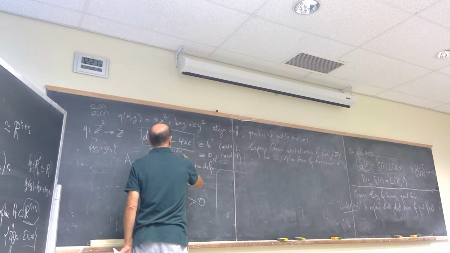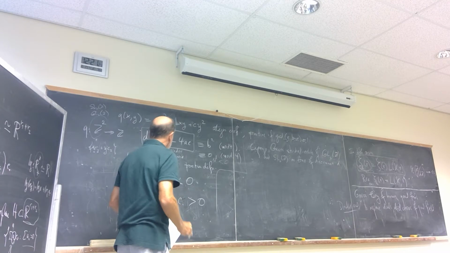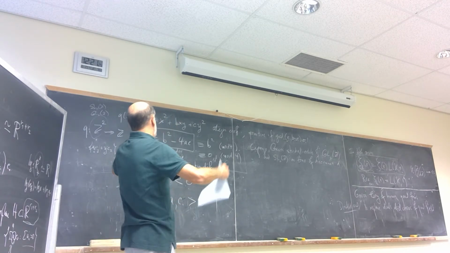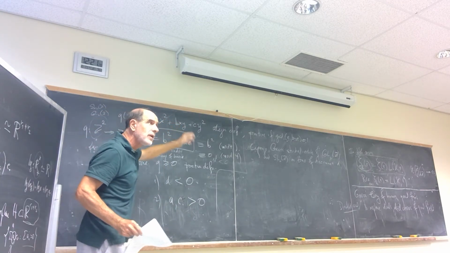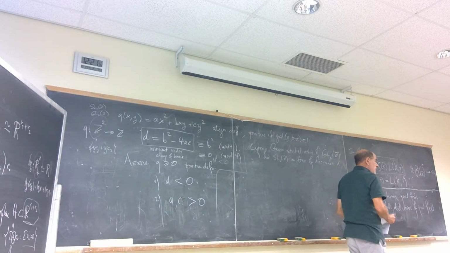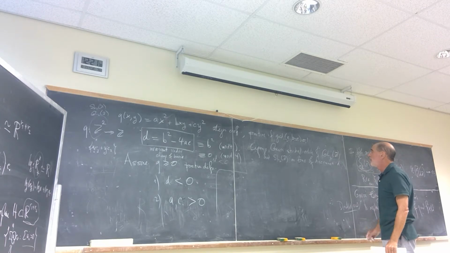So if you fix a negative discriminant, you can ask, how many binary forms are there of that negative discriminant? Well, there are infinitely many because you just keep changing basis and you get different binary forms. But you might ask, how many are there up to change of basis? So that would be the number of orbits of this group on the set of forms of discriminant D.